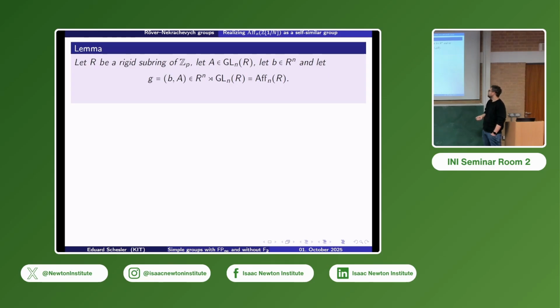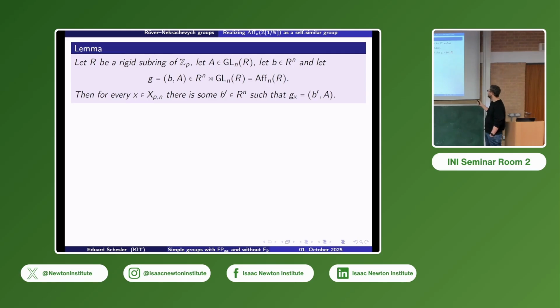Okay, so the lemma that I just told you, that after adding the affine part it gets self-similar, is a direct consequence of this lemma. So the point is that if we consider some affine transformation given by some linear part and some affine translation part, and then we consider the state of this element at some letter x, then it turns out to be of this form.